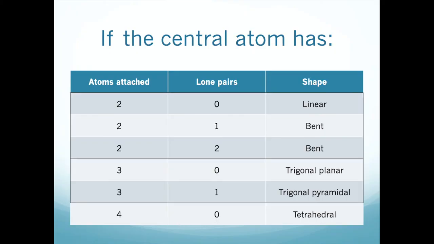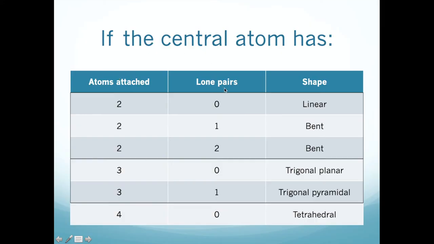However, one thing I personally find easier for figuring out the shape of our molecules is to ask ourselves 2 questions. First, how many atoms are attached to our central atom, and then, does it have lone pairs or not?